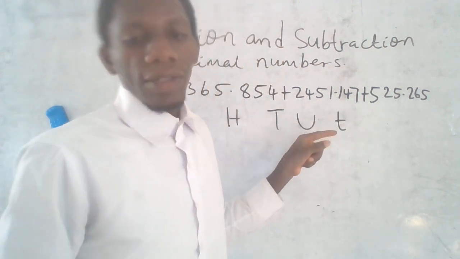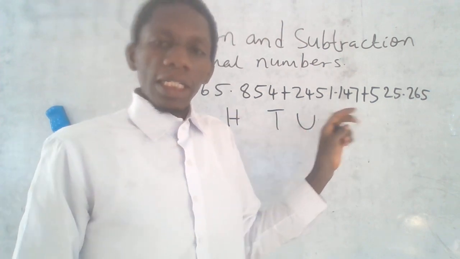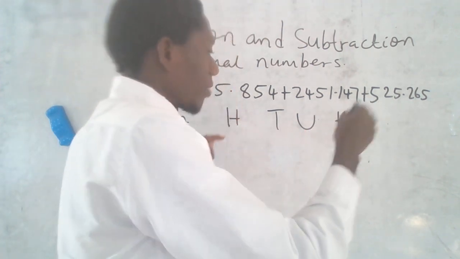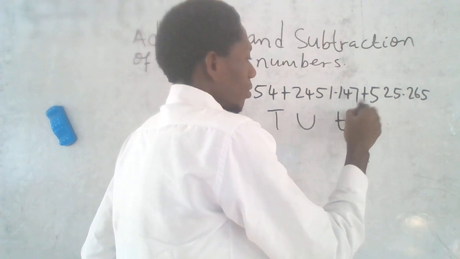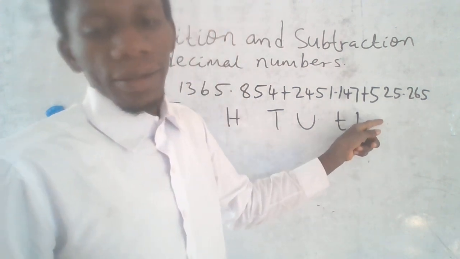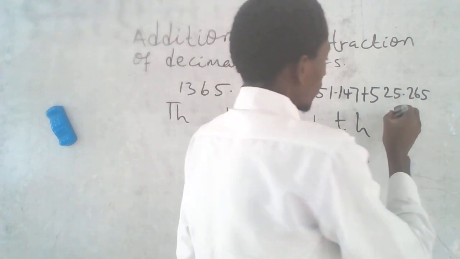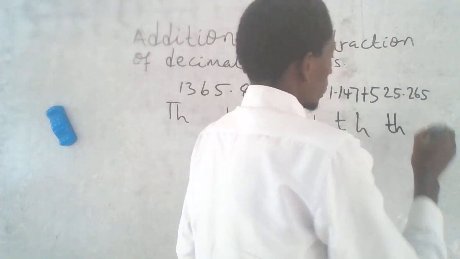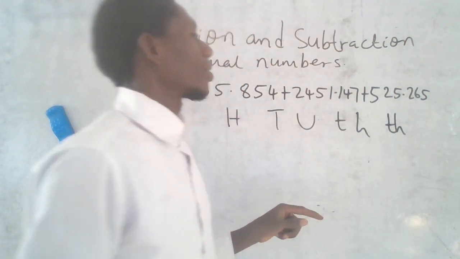So after the decimal point, the next numbers to your right are in tenths. So these are the tenths.